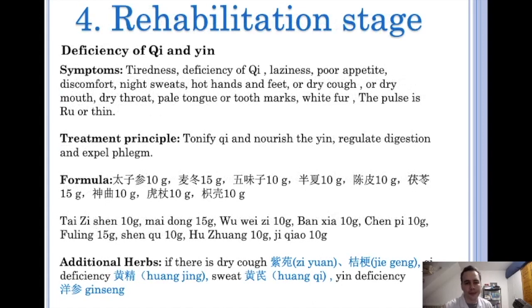Finally, I'm going to talk to you about the rehabilitation stage, which is important, okay, when the patients recover, or at least get a good prognosis. We're going to see that we have two types of stages in this case. In the first one, we have a deficiency of qi and yin that is produced because the patient was coughing a lot, okay, so that produces a deficiency of yin and qi.